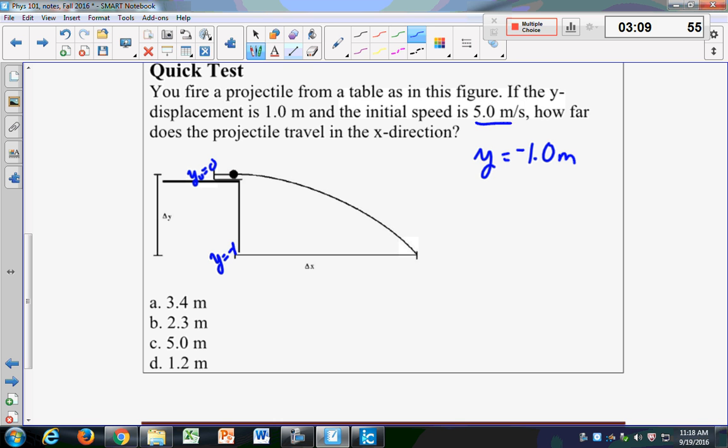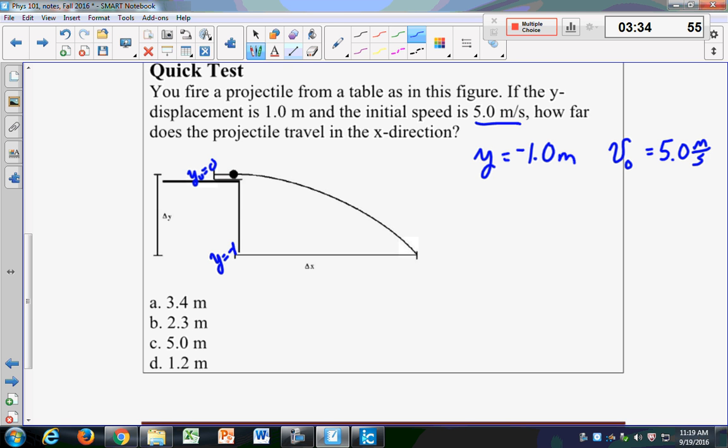I also have this speed. I need to know something about that. So my initial velocity is equal to 5 meters per second. I don't have an angle given though. So what is that initial velocity? Is it some vector in some direction, or is it an x or a y component? What direction is that v naught in?